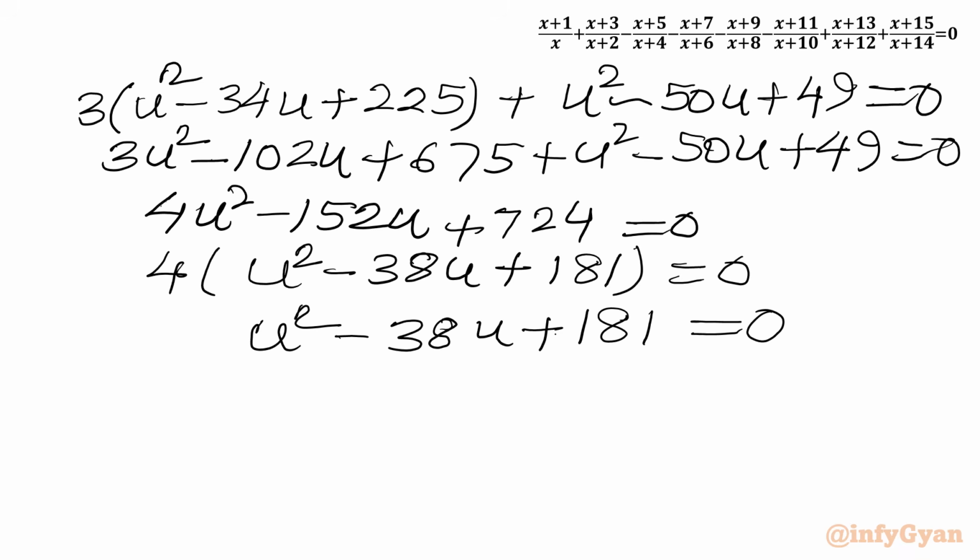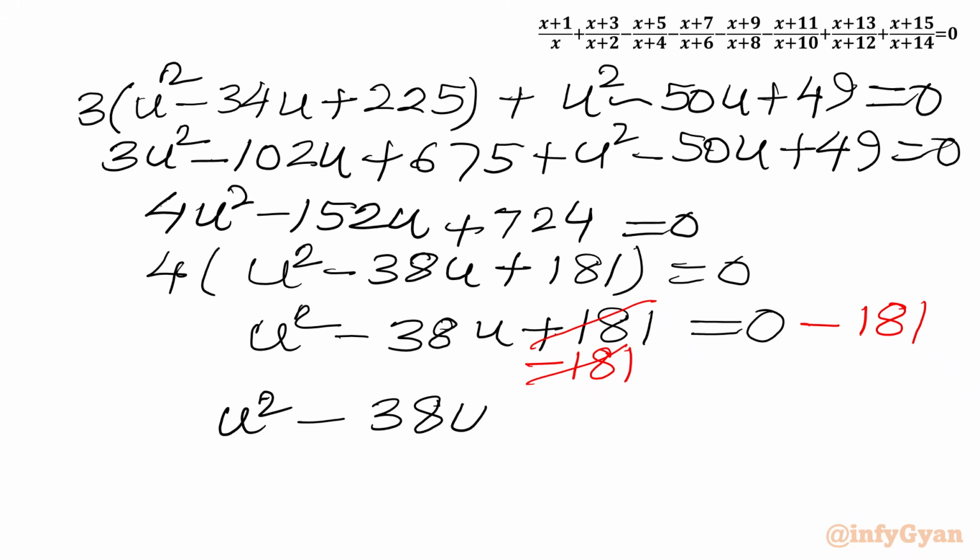I will be using the completing the square method. So I need to take 181 to the RHS. So I will subtract 181 from both sides, plus 181 and minus 181 cancel, and we get u square minus 38u equal to minus 181.